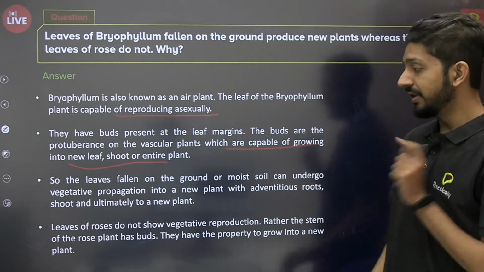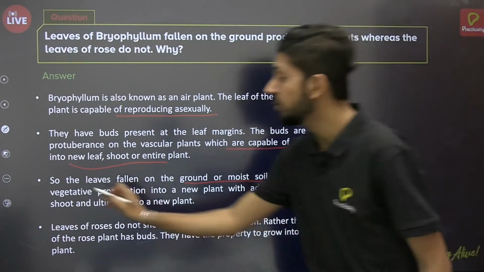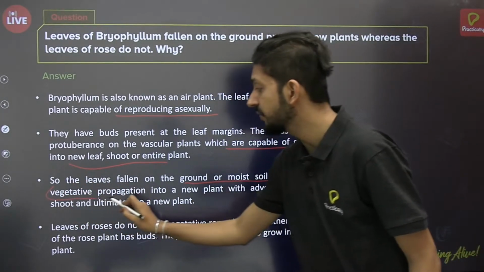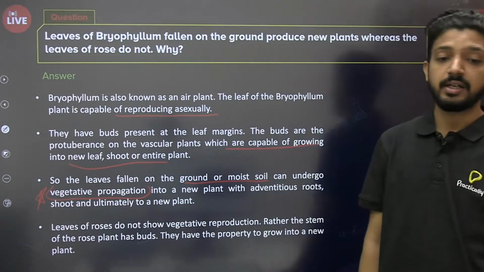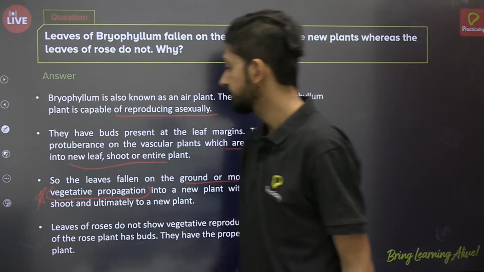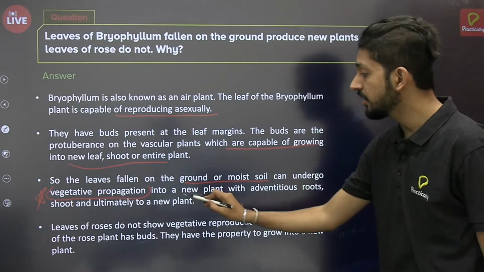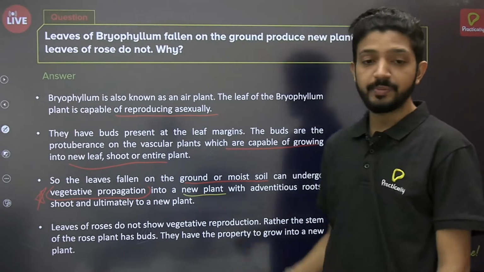Okay, and when they fall on the ground or in the moist soil, they can undergo vegetative propagation. Again, this word is the most important word in this answer, that they undergo vegetative propagation into a new plant with adventitious roots, shoots and ultimately a new plant.